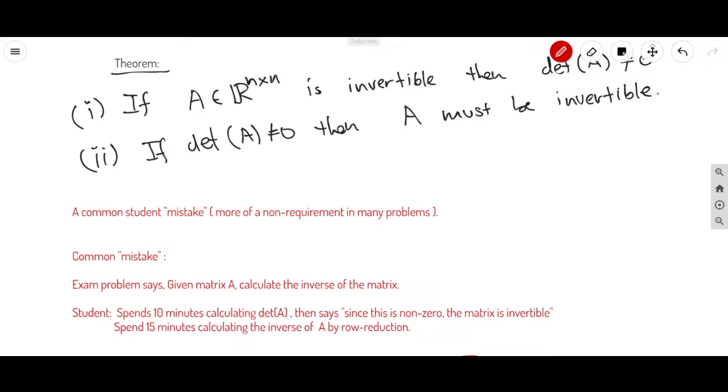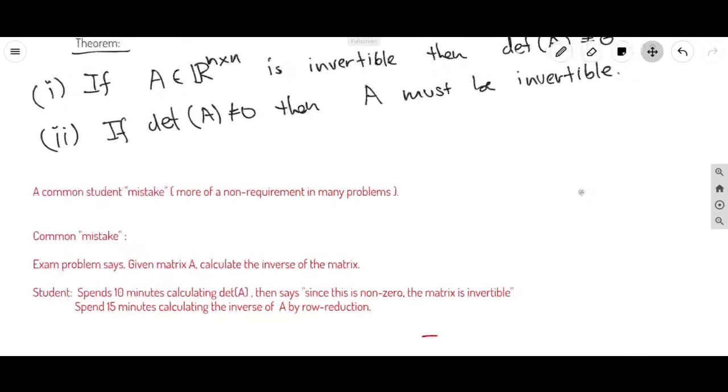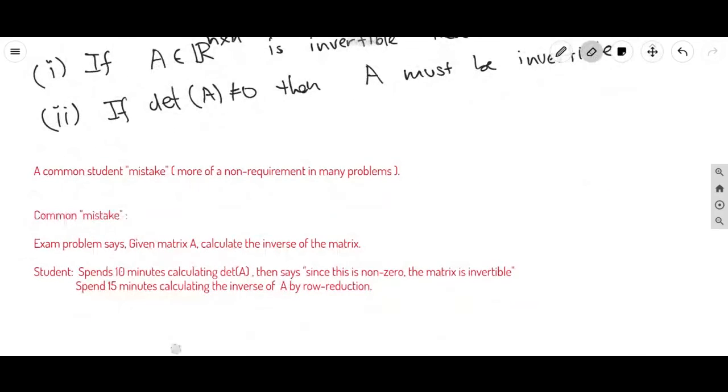Now, the reason why this is completely unnecessary is because you can completely skip this part. If you calculate the determinant of a matrix and you find that it is a non-zero number, how does that help you actually find the inverse?